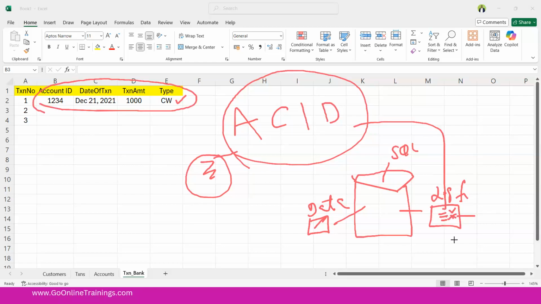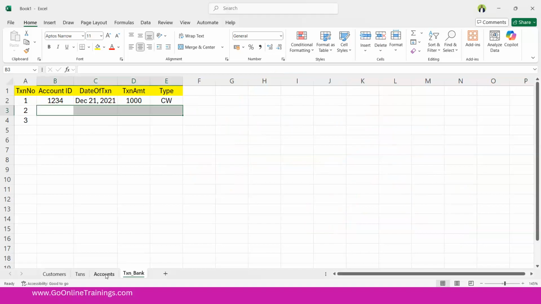Either it will complete the remaining steps, add one more row here, and update this balance also. Or it will go back and roll back the transaction. That means whatever was already done, this will be deleted from here.